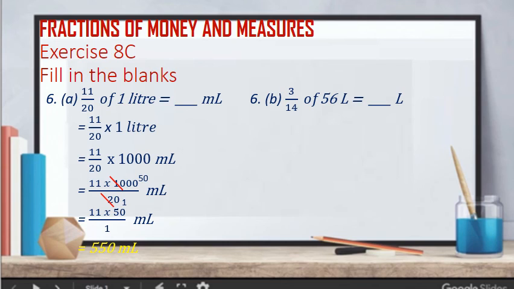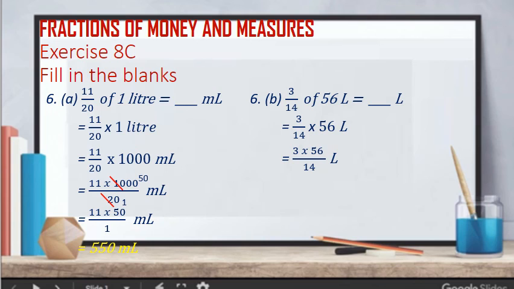This is B part of question number 6. 3 by 14 of 56 liter is equal to how many liter? So 3 by 14 of 56 liter can be written as 3 by 14 multiplied by 56 liter. Right? Now, this is equal to 3 multiplied by 56 upon 14.